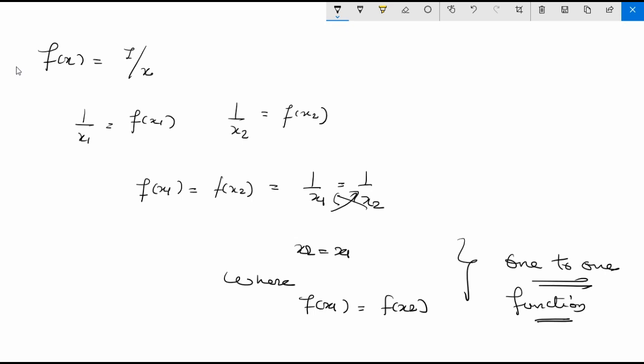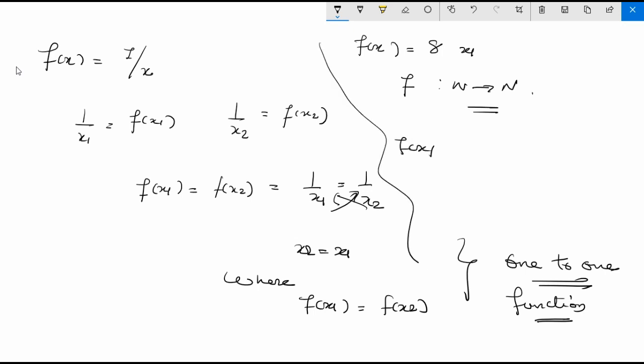Another example is f of x is equal to 8x. F is a function of natural numbers, and if I have f of x1 equal to f of x2, that is 8x1 equal to 8x2, so again I can say that x1 is equal to x2.